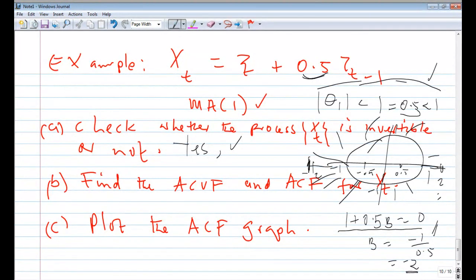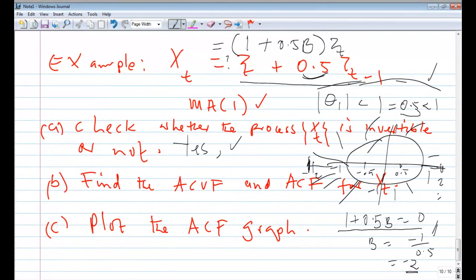Obviously Z_t, because it doesn't have any value here, when you write it in backshift operator it's going to be 1 plus 0.5, then here you have Z_t, and Z_t is the same as B. Then you close the brackets and write Z_t. This is how you write the backshift operator. So that is why we're having 1 here. When you take it back, it must give you this. That is why we call it a backshift operator.